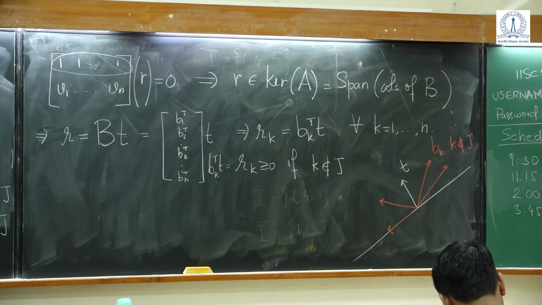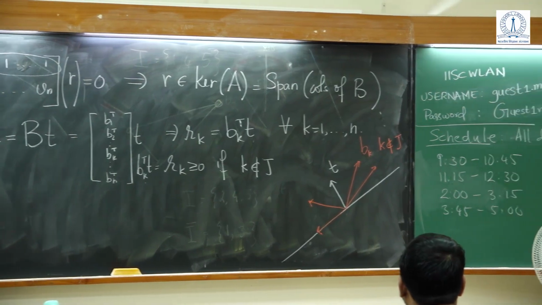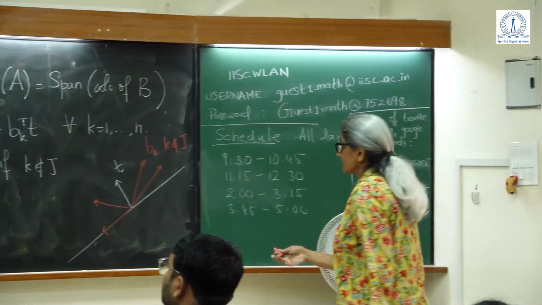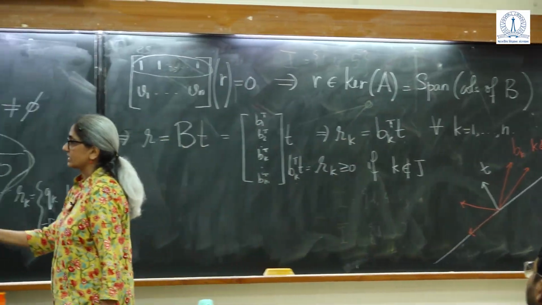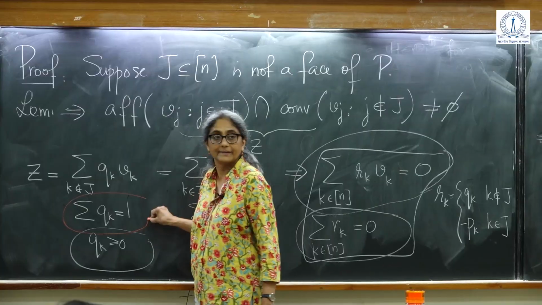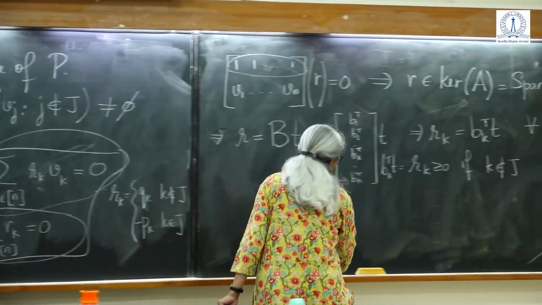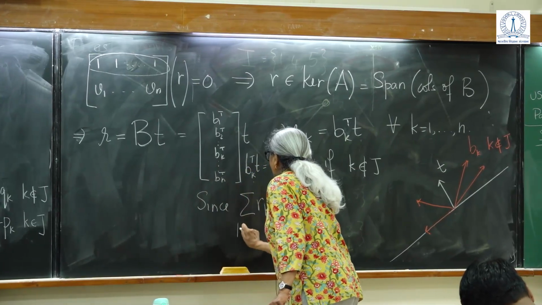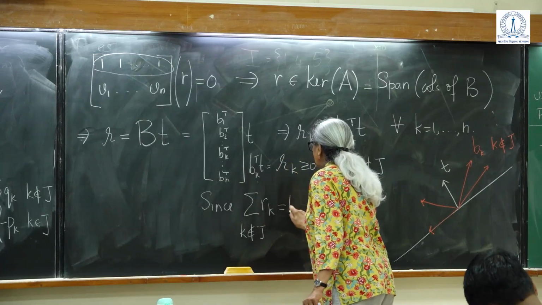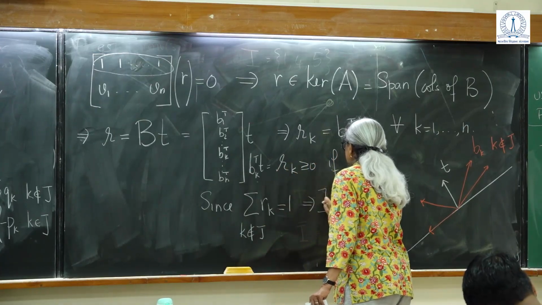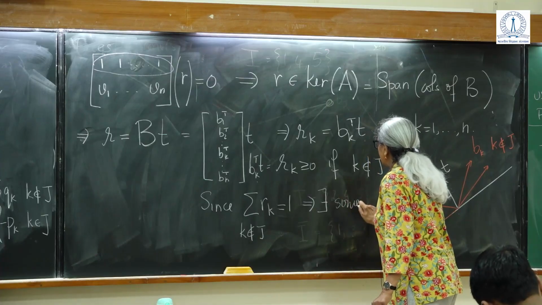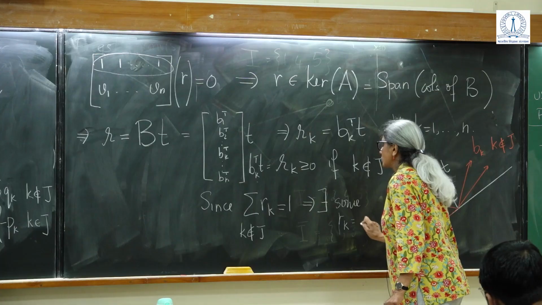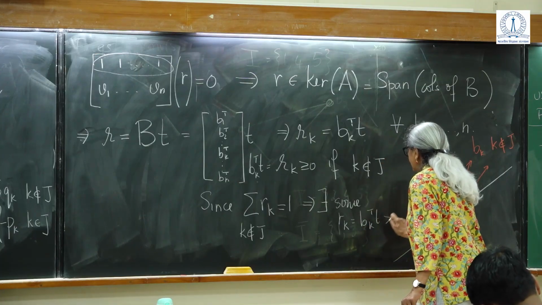Can all of them lie on that hyperplane? Could it be that all those red things I drew are actually on the hyperplane perpendicular to T? No, because the QK's, which are the same as the RK's, sum to 1. So since the sum of the RK's for K not in J is equal to 1, it implies that there exists some RK, which is BK transpose T, that is positive.